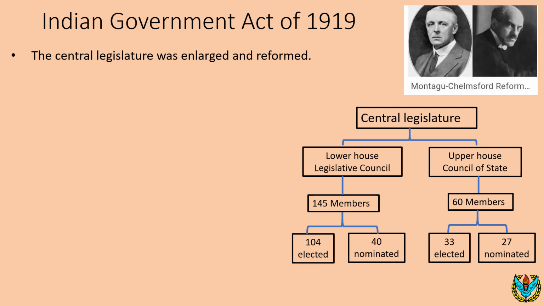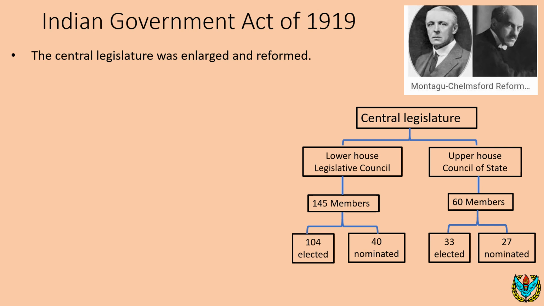The Legislative Council had 145 members, out of which 104 were elected and 40 were nominated for a tenure of 3 years. The upper house was known as the Council of States, consisting of 33 elected and 27 nominated members for a tenure of 5 years.